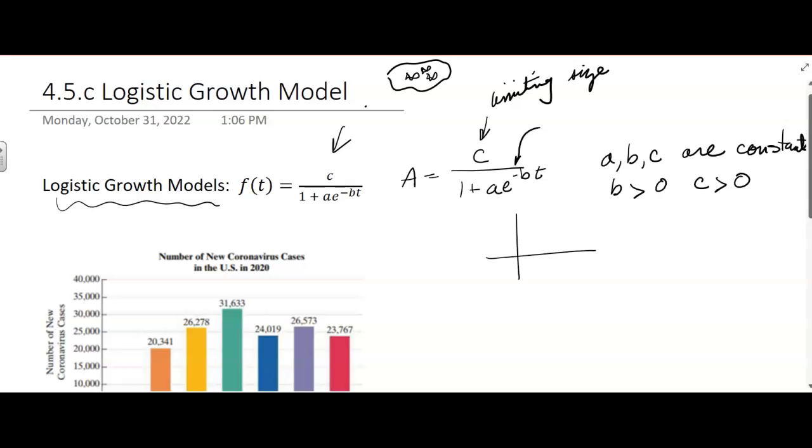Graphically, you have an amount that you're starting with and it's growing exponentially, but then at some point it starts to level off and approaches an asymptote. That asymptote is y equals c. That's the limiting size, so it's not going to go over. If you're counting cases of the flu, you can't have more cases than the number of people.